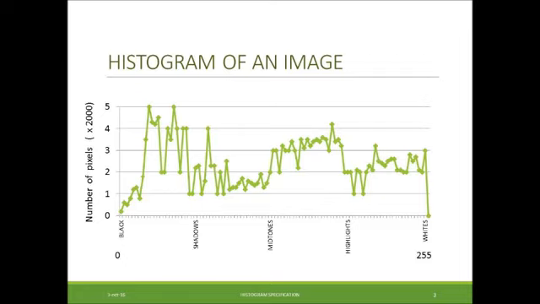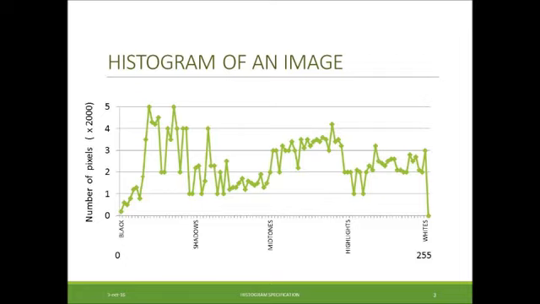Now let's see what a histogram of an image actually contains. In this figure, it is just a model of how a histogram looks. Here, the x-axis is the intensities varying from 0 to 255 and the y-axis is the number of pixels.